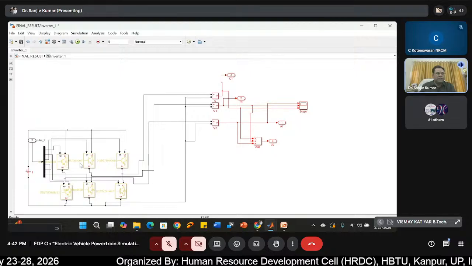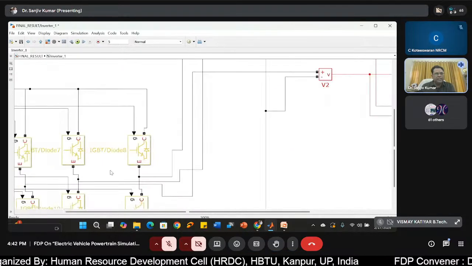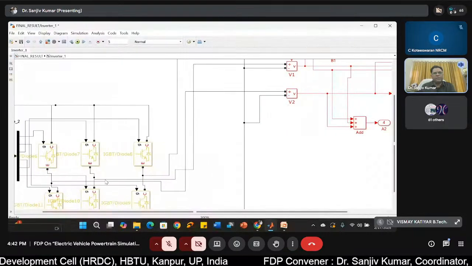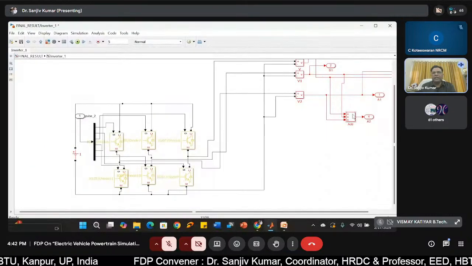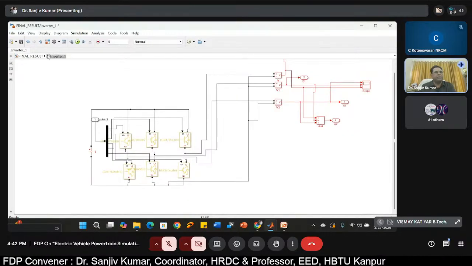These devices which look yellow in color are the IGBTs, and they are taken from the SimPower Systems block set. All these measurements are from SimPower Systems, and these pulses are generated using the Simulink block.